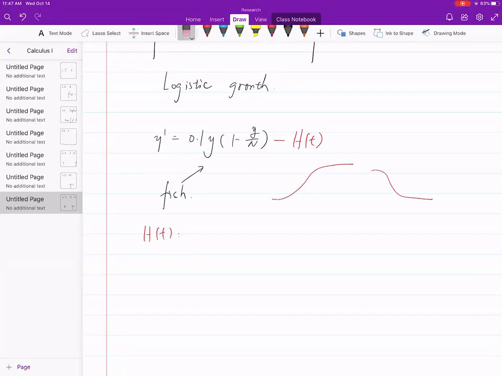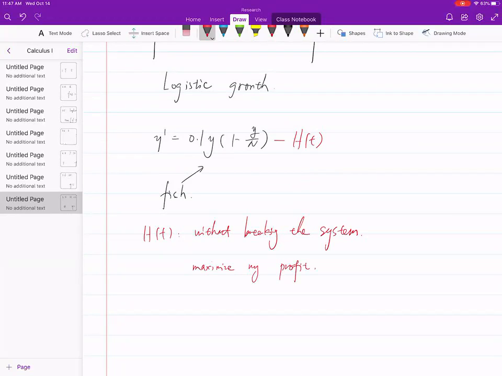Okay, so pick h without breaking the system. No extinction. Meanwhile, maximize my profit. The more you fish, you're risking that you may break the whole thing. But of course, you want to do more because you make more money.